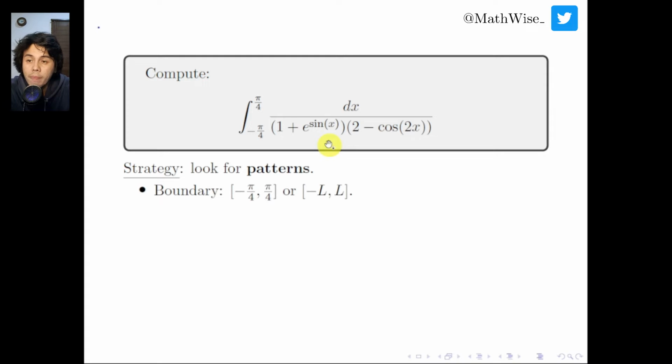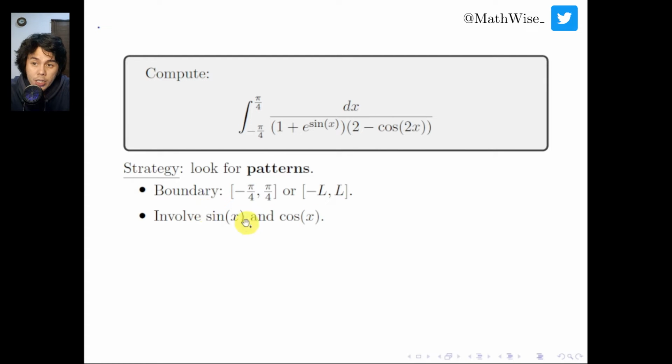First thing, notice that the boundary is from minus pi over 4 to pi over 4, right? That is from minus some real number up to that real number, minus L to L. Okay, so that is the first pattern. And then it also involves two trigonometric functions, sine x and cosine x.